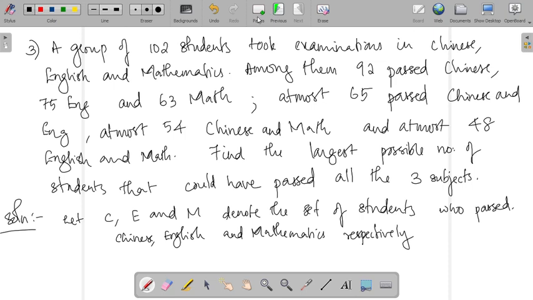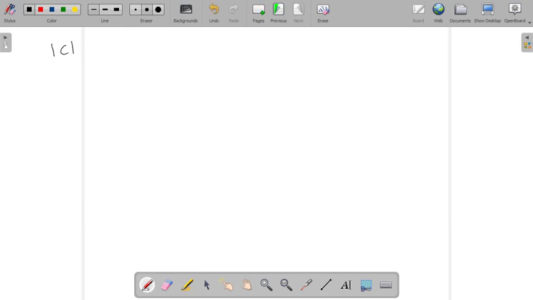So you are given the cardinality of C is 92, the cardinality of E is 75 and the cardinality of M is 63. Now at most 65 passed Chinese and English.